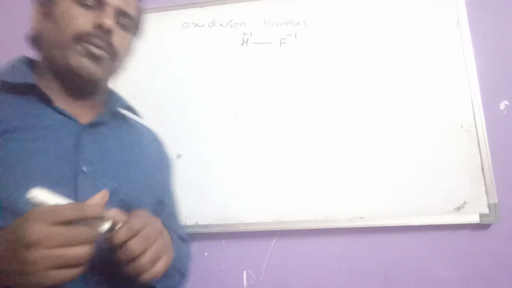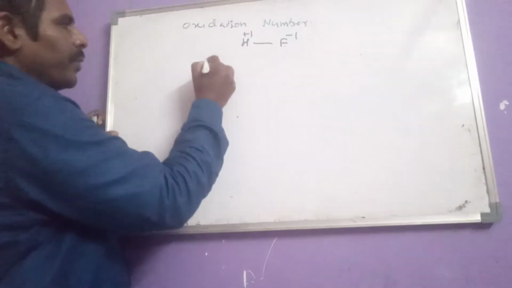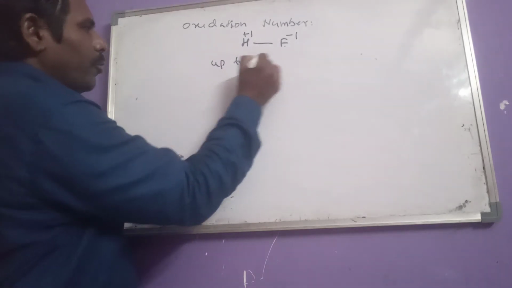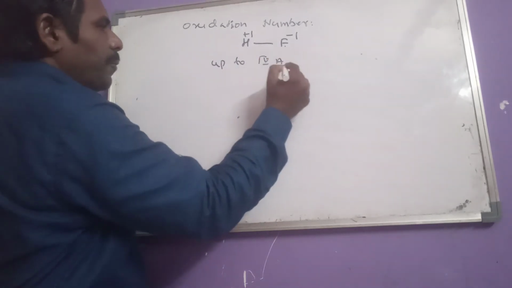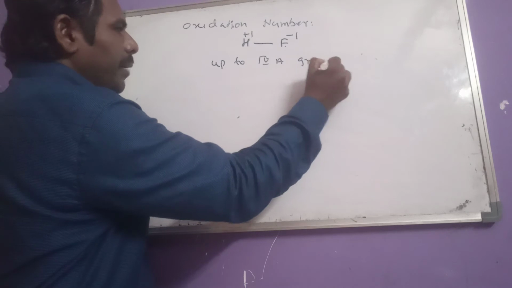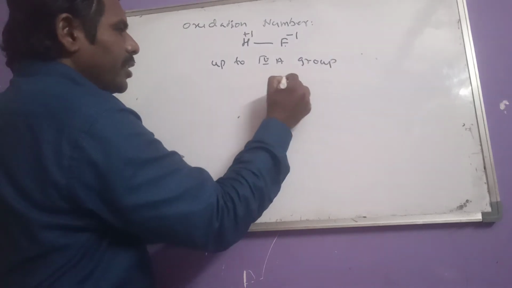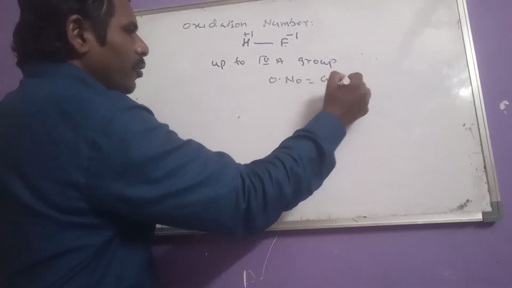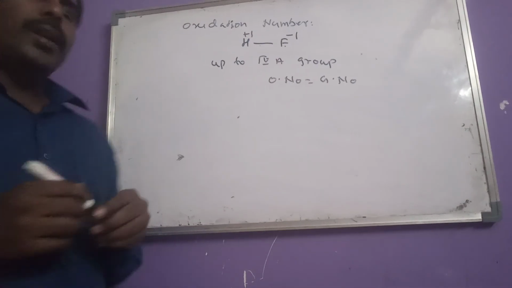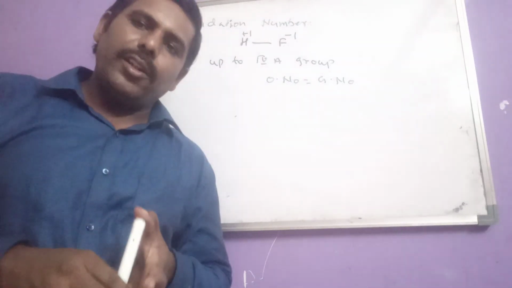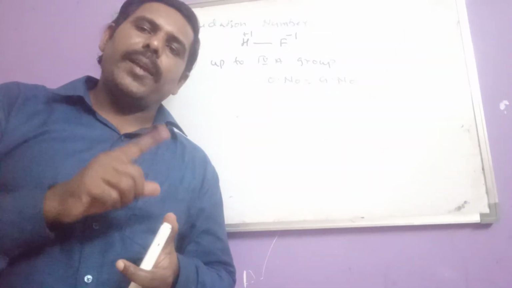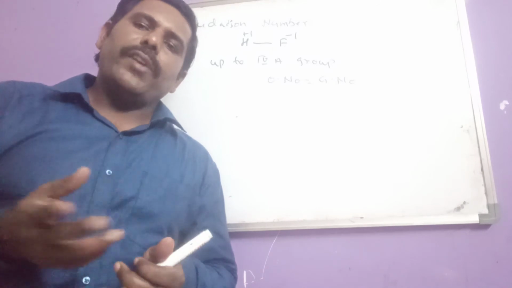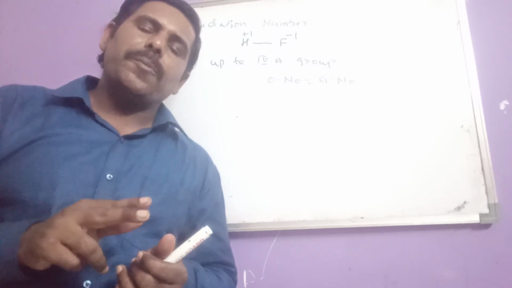A simple formula is there. Let us see here. Up to 4th A group elements, oxidation number is equal to its group number. That means for all first A group elements, oxidation number is +1. For all second A group elements, +2.